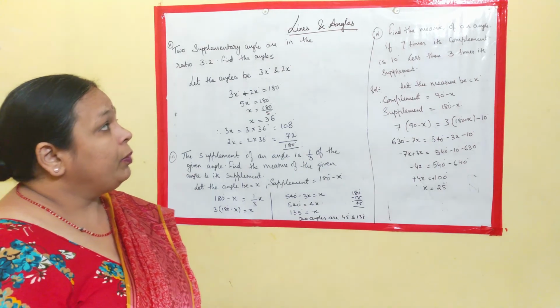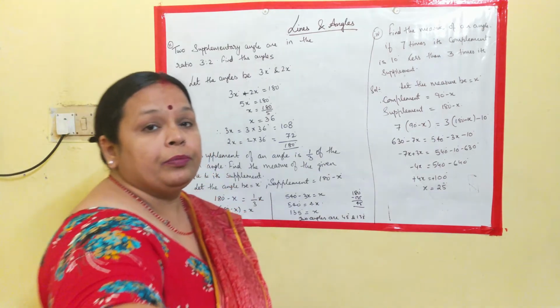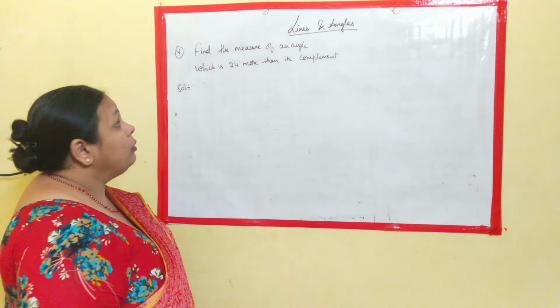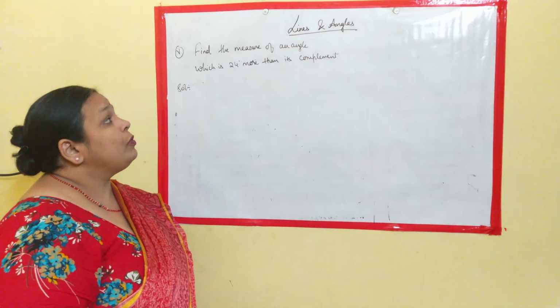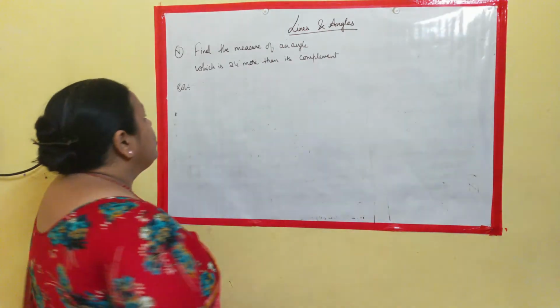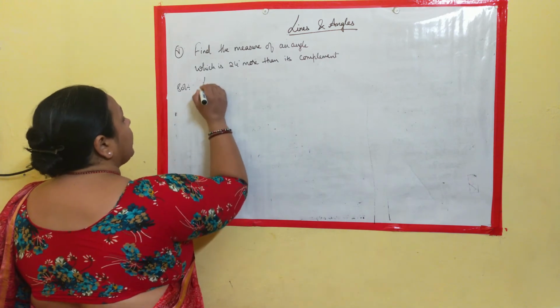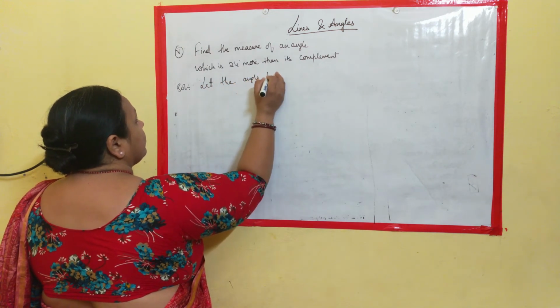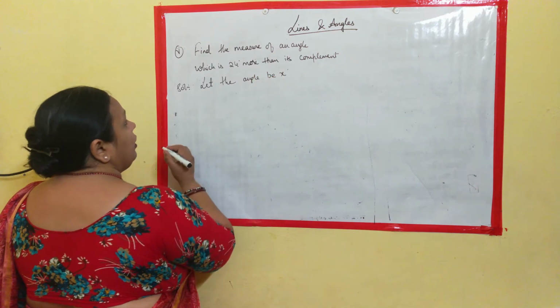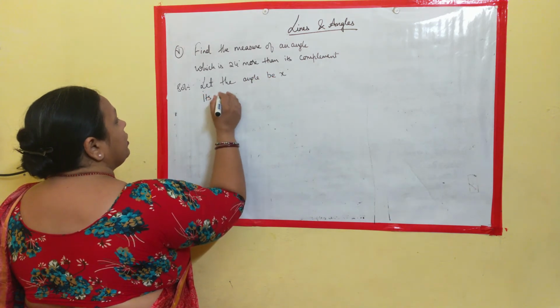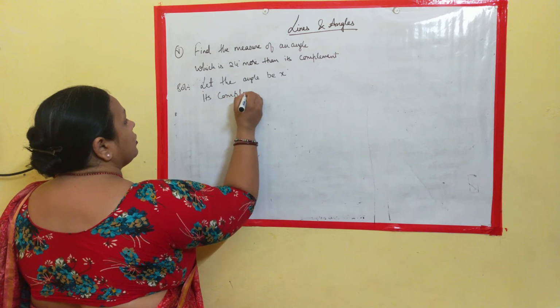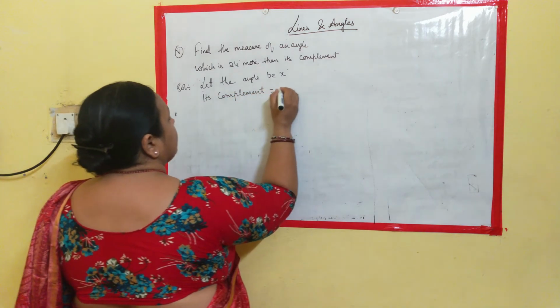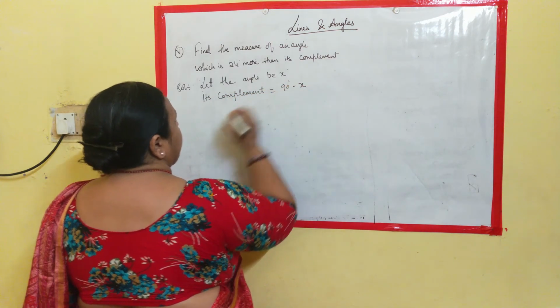So we'll be moving with our fifth example. Find the measure of an angle which is 24 more than its complement. So here again let the angle be x degree, then its complement is 90 minus x.